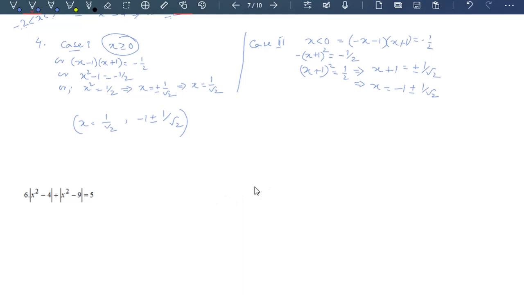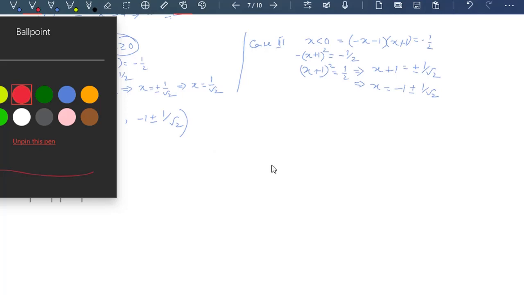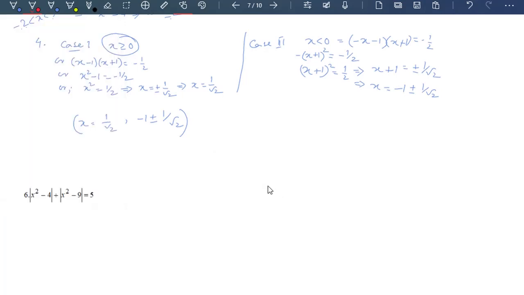At first we are drawing two intervals. When x square is less than 4, this is your 4. Here it will be positive, here it will be negative. This is the sign scheme of x square minus 4, and this is x square equal 4. Don't confuse.